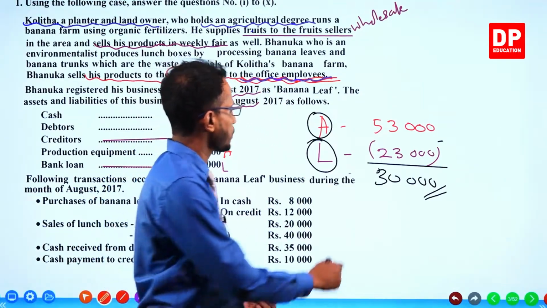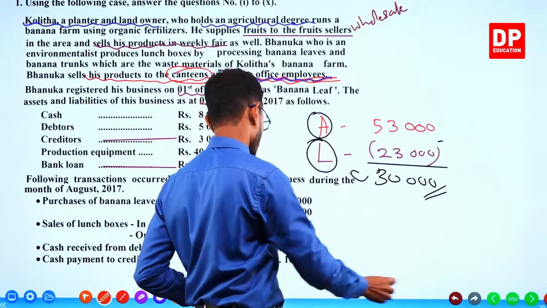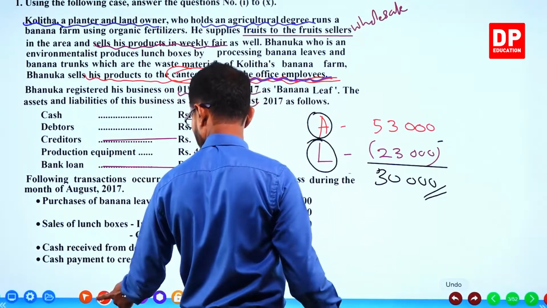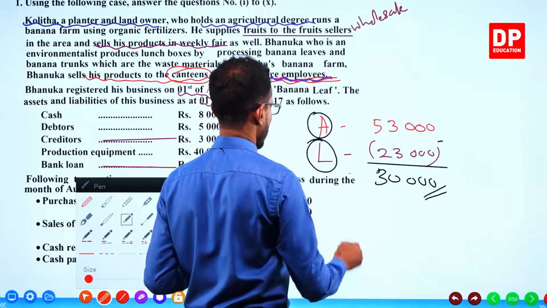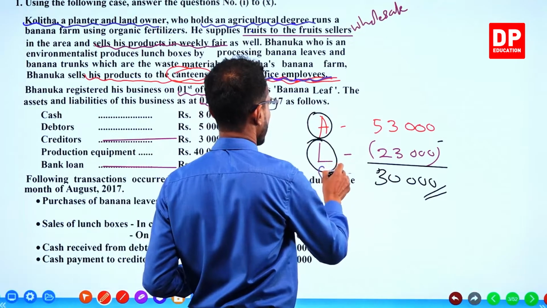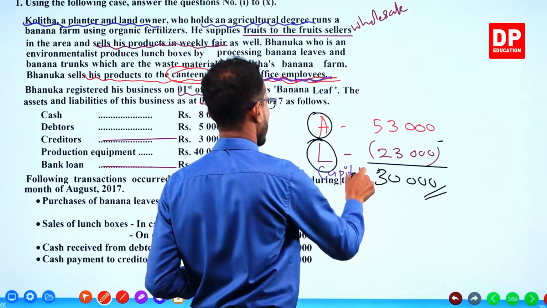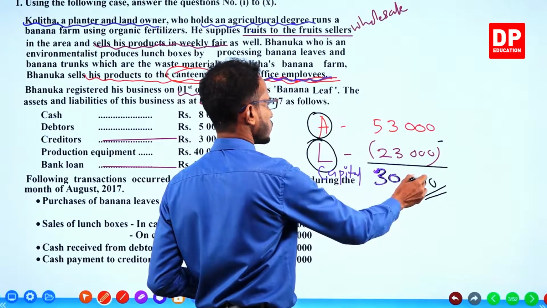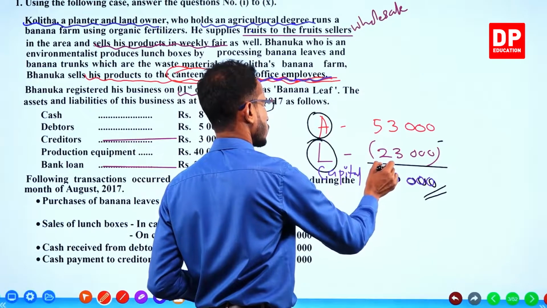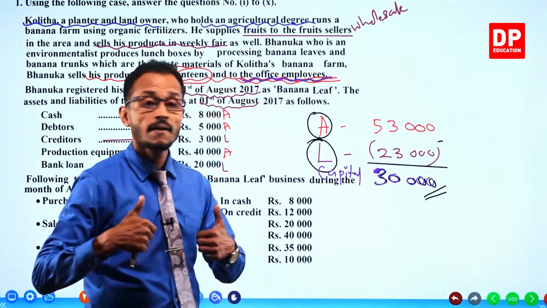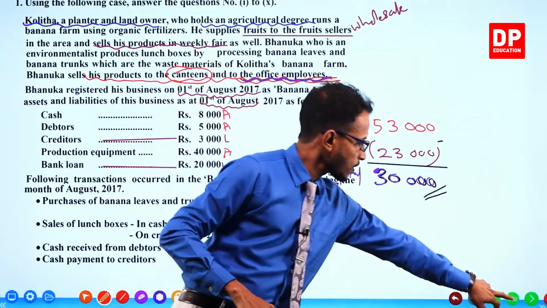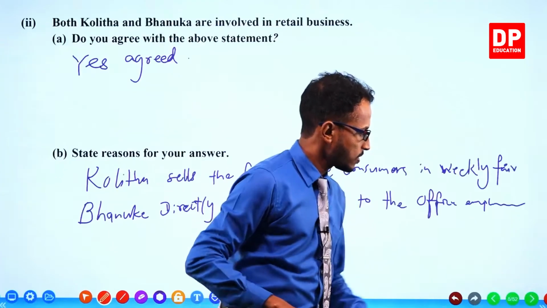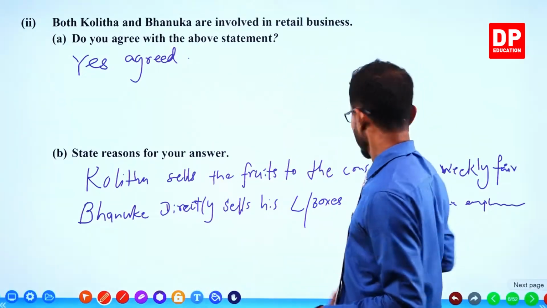That is capital. Got it? That is capital. Is 30. That's it. Now we can go and provide our answer.